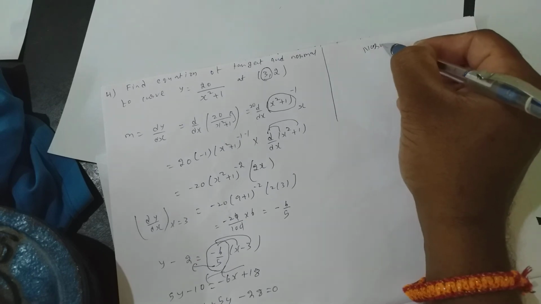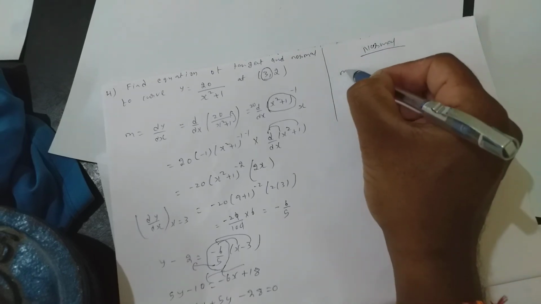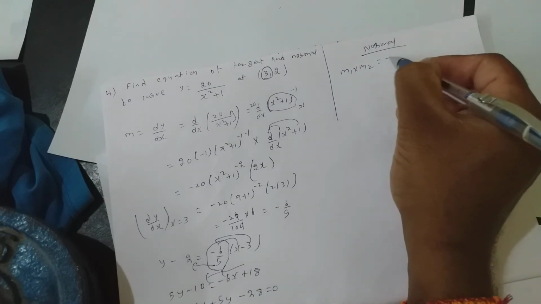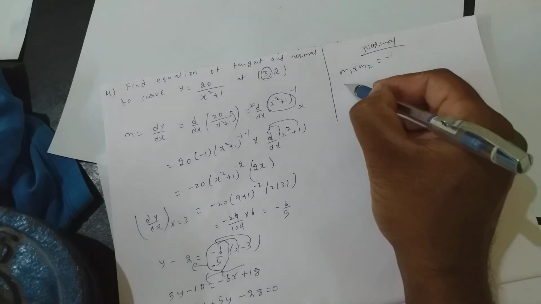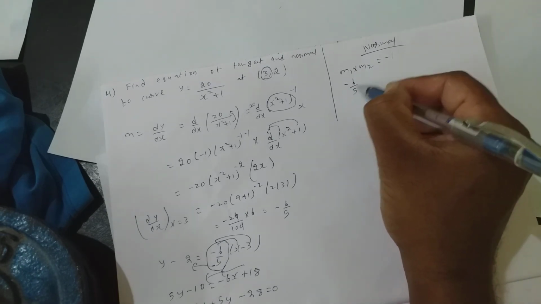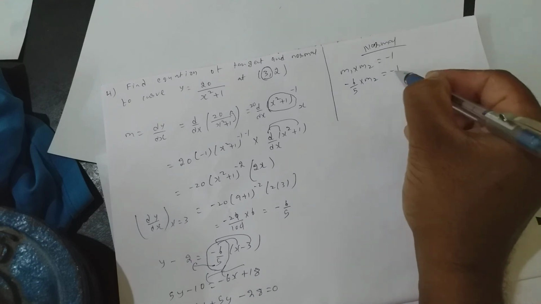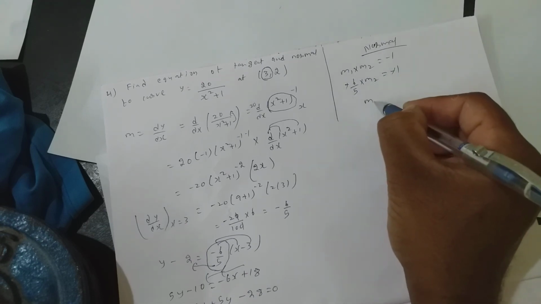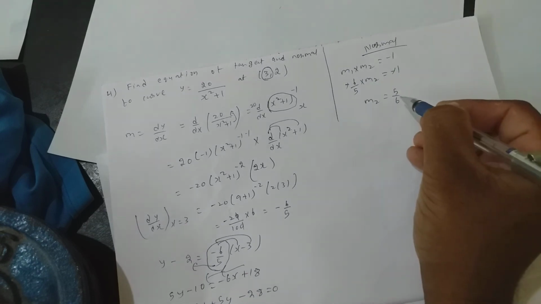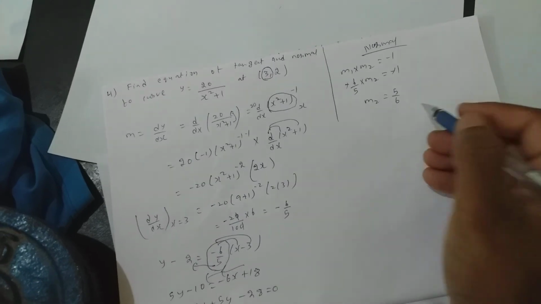For the normal you need to consider m1 into m2 equal to minus 1. How much is m1? Minus 6 by 5 into m2 equal to minus 1. Minus minus gets cancelled, so my m2 equals 5 by 6. Am I clear?